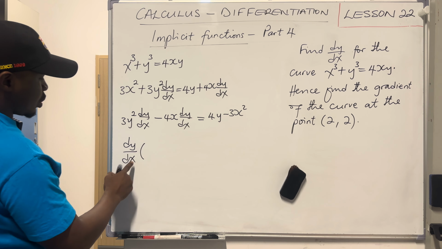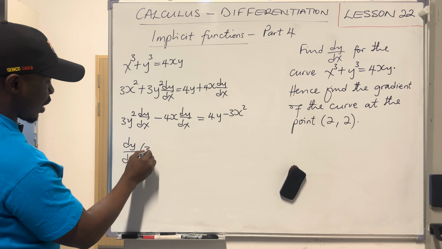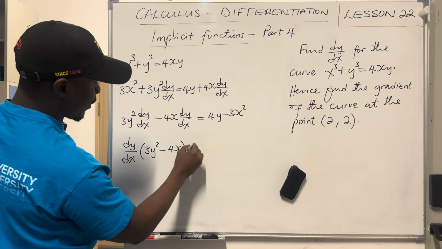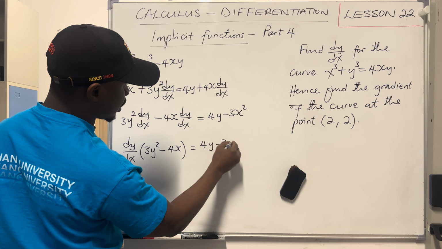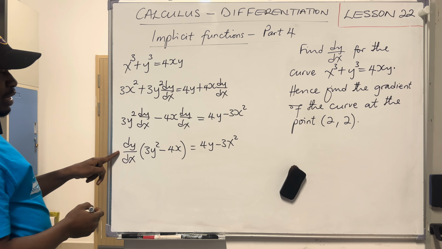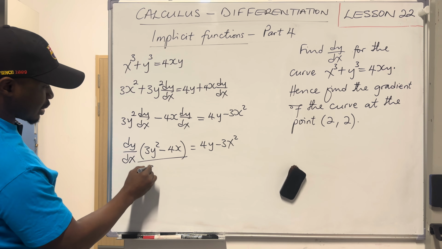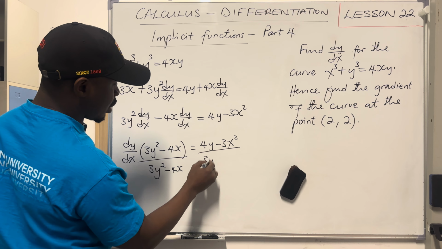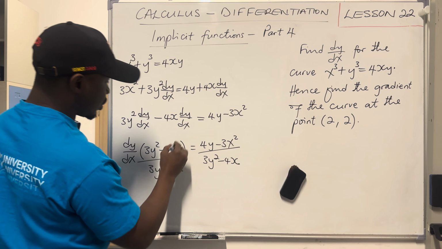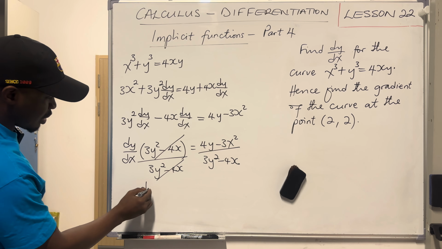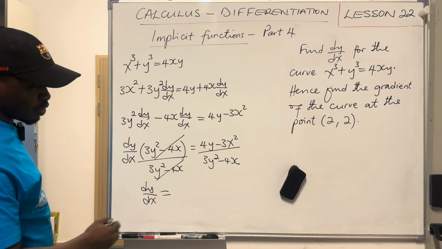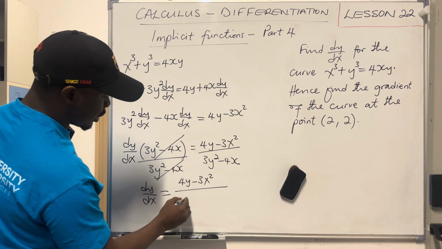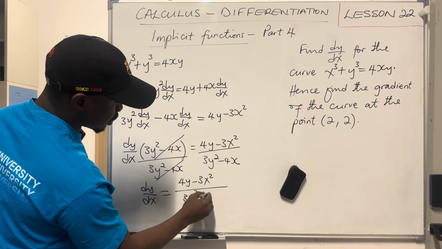If this one takes away this, leaving 3y squared, and this one takes away this, leaving 4x, we have 4y minus 3x squared. But we need only dy dx, so divide both sides by these brackets, 3y squared minus 4x. So this takes away this, leaving only the dy dx we want to find. So 4y minus 3x squared over 3y squared minus 4x.